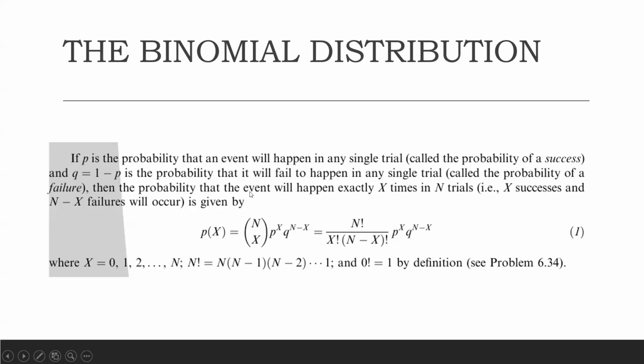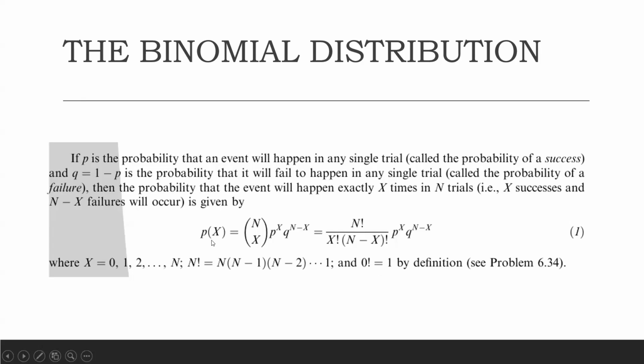Then the probability that the event will happen exactly x times in N trials, as an example, x successes and n minus x failures will occur, is given by this formula. What's the formula to calculate the probability? This is the formula. This is the formula to calculate the success rate.